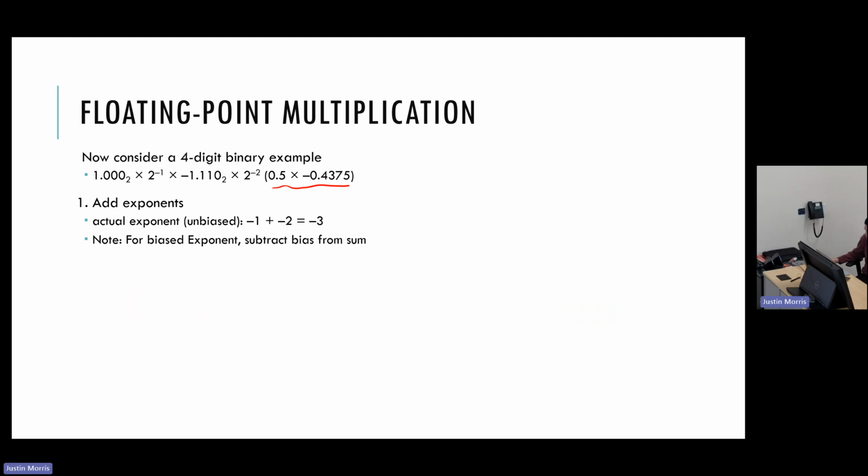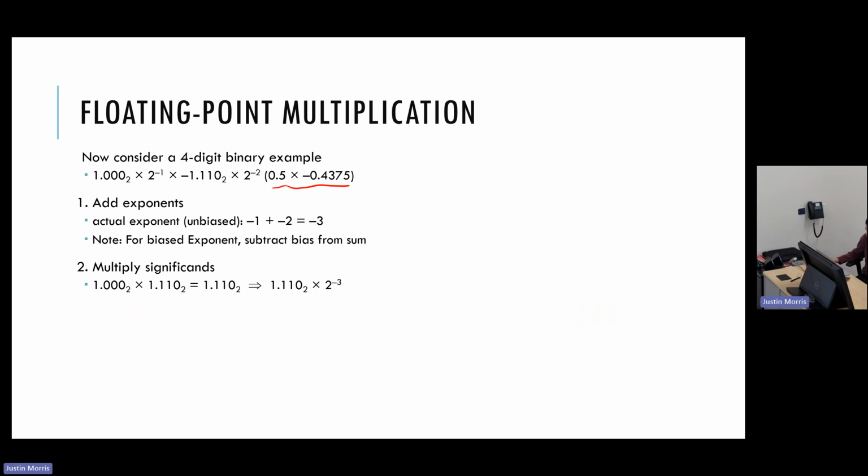So our actual exponent is going to be negative 3. And we're going to multiply the significands. So if we multiply 1.000 times 1.110, we get 1.110, right? And we have times 2 to the negative 3.